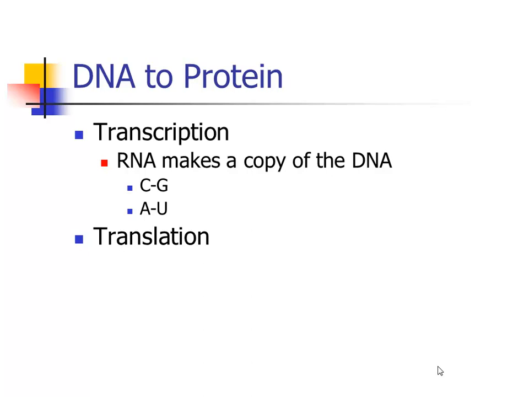So at this point in time, the cell is undergoing transcription, and then the messenger RNA will find its way to the ribosomes, where it will undergo the process of translation, where this RNA gets translated into proteins. I like to say it like this.